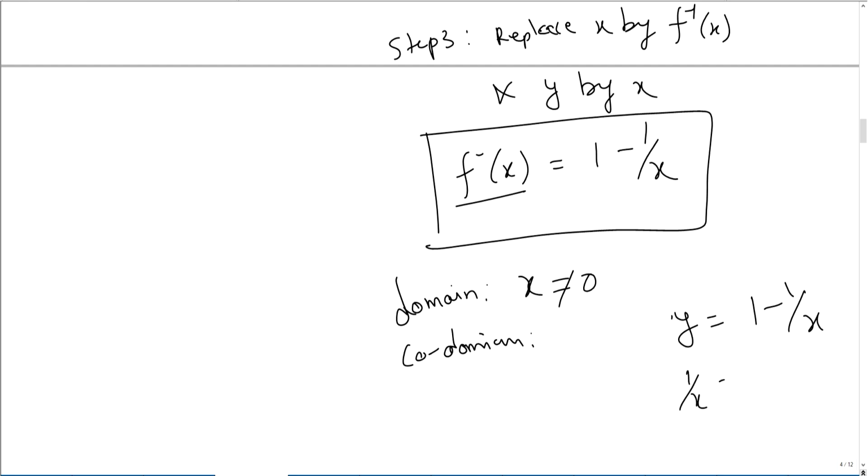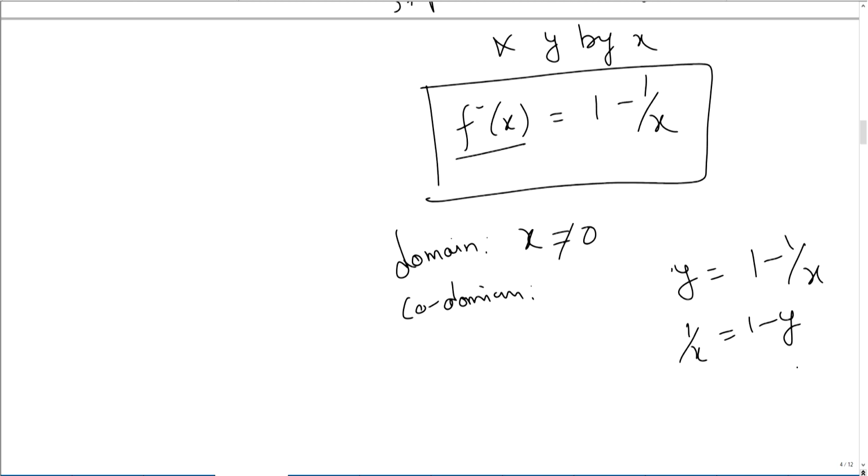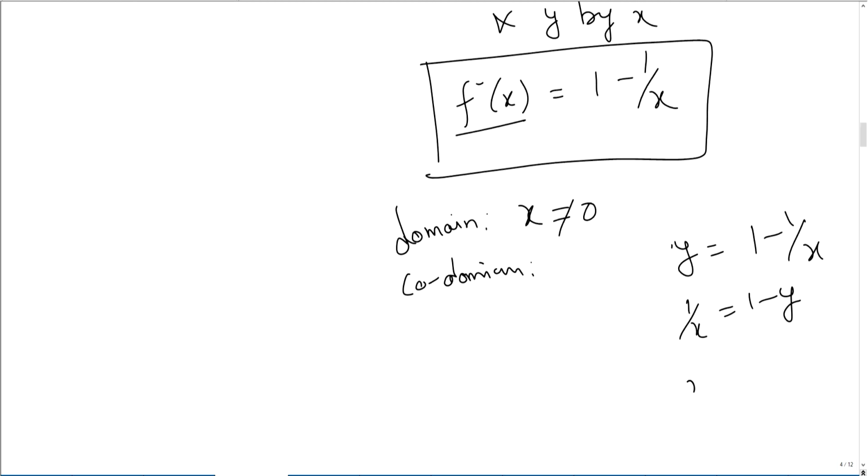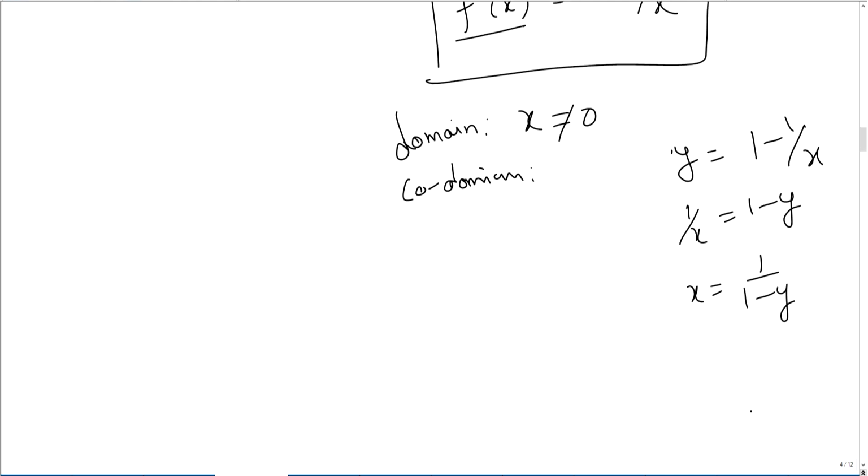So it would be 1 by x equals 1 minus y, and x equals 1 divided by 1 minus y. That means 1 minus y cannot be equal to 0, otherwise it would be undefined. So y cannot be equal to 1. So the codomain is such that the function cannot take this value y equals 1 and it can take all other real values.